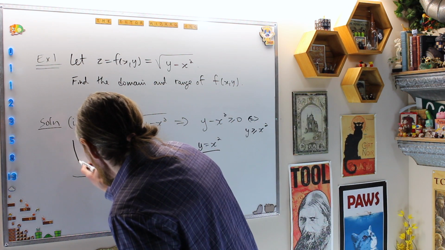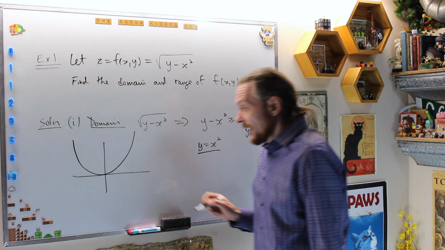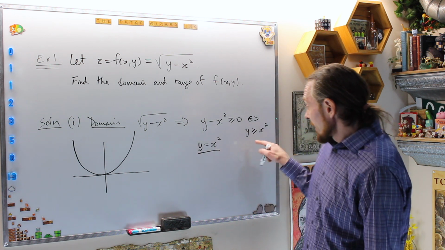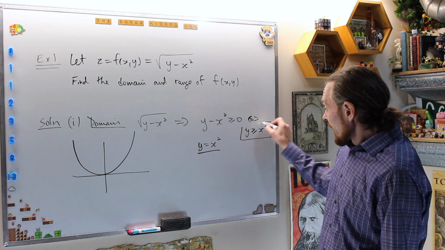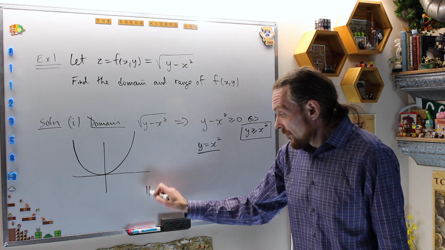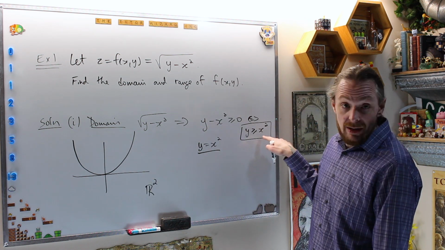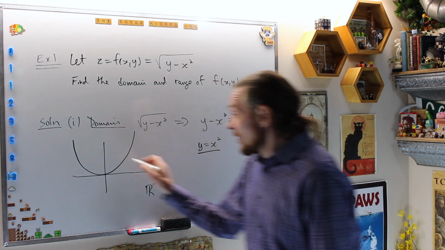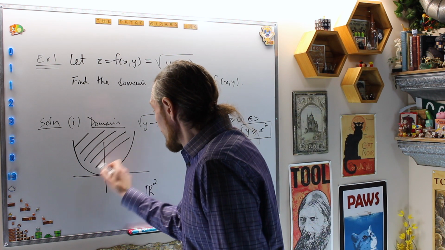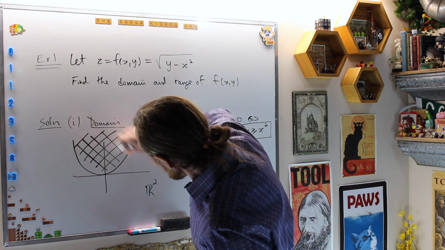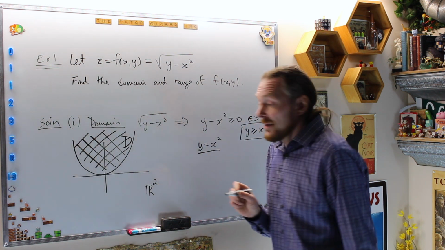So this is the graph of that as a curve, which we're going to get, which is the u. And now we're saying we need, in that plane R2, all points x, y, such that y is larger than or equal to x squared. So that's going to be the domain D that we're looking for.